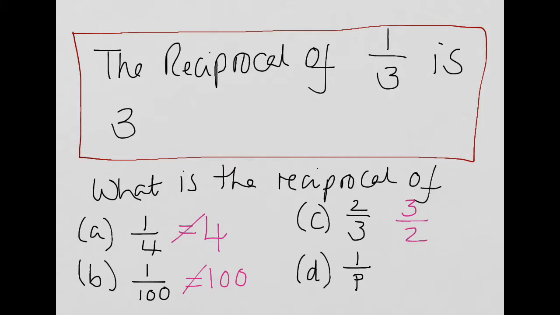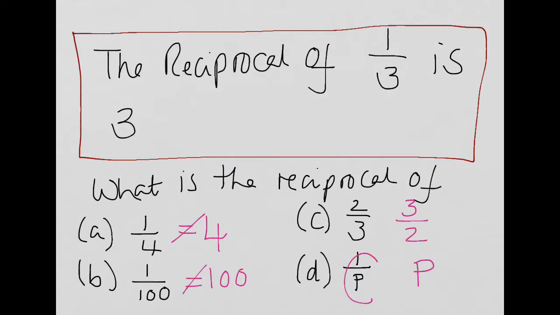If we look, the 2, which was our numerator, has become our denominator. And the 3, our denominator, has become our numerator. I'm going to explain something important about the reciprocal in a few more slides. And 1 over P, the reciprocal is P.